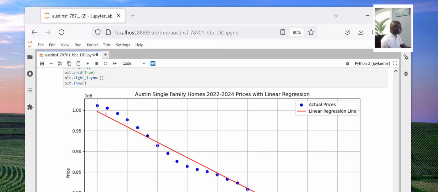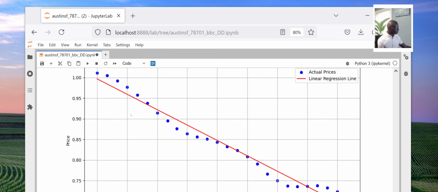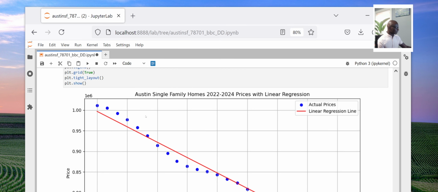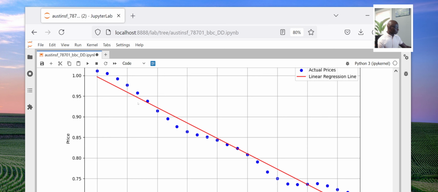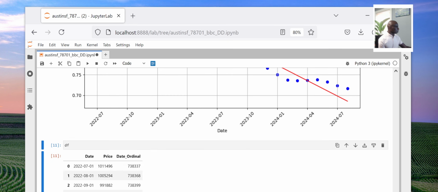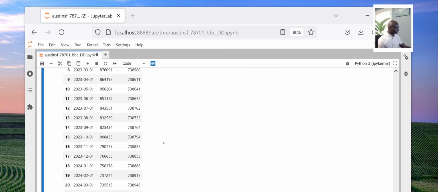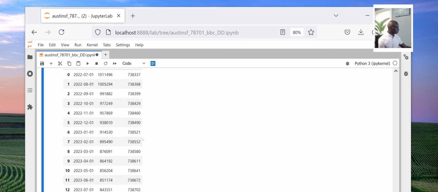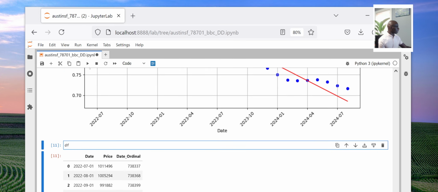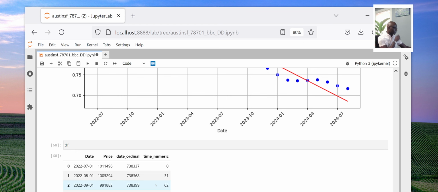So this is the fitted linear regression line visually for the historical data set. So here are the actual prices in blue, as we can see, and then I fit the linear regression line here. This line is just to take a look at the data again.